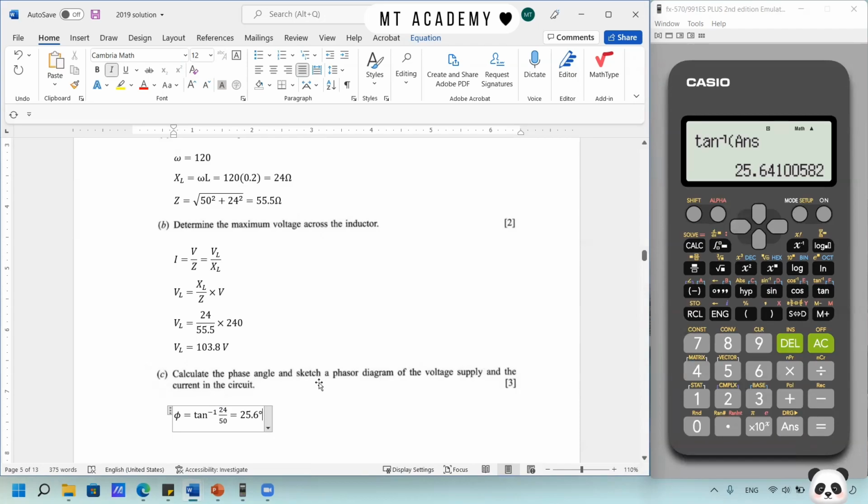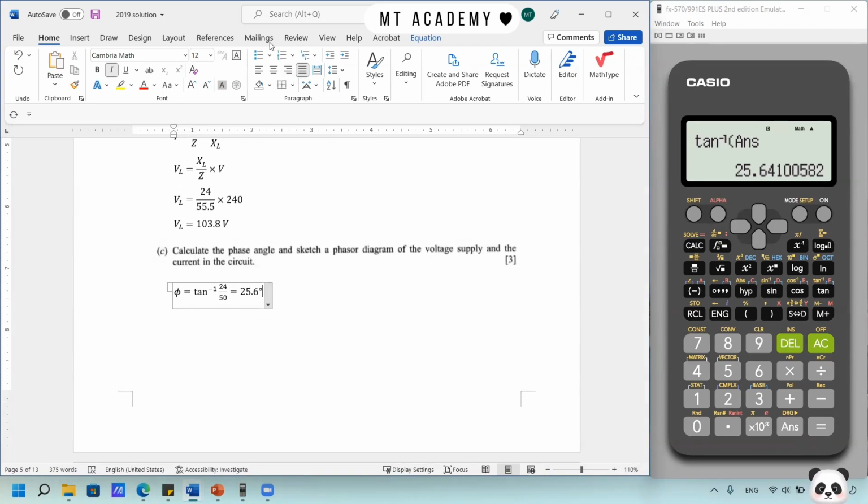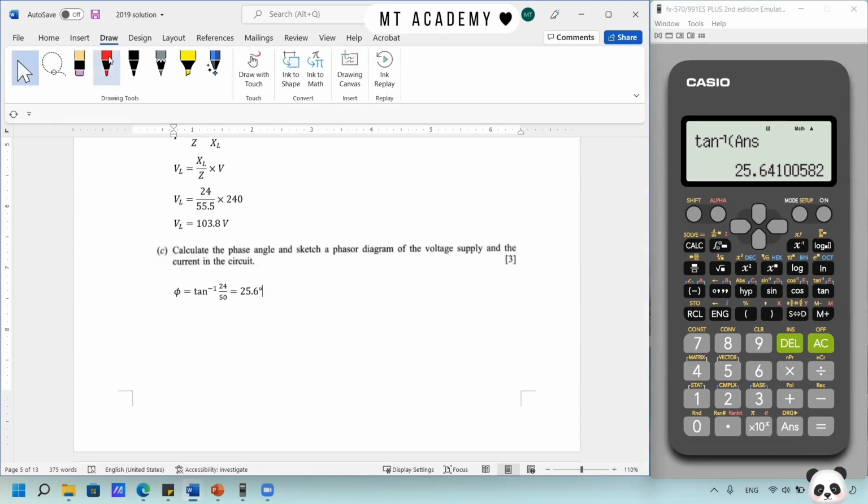We also need to sketch a phasor diagram of the voltage supply and the current in the circuit. I think if you remember, it will be good. We know that the voltage across the resistor is the reference point, and the current is in phase with the voltage across the resistance. This is just a more complete diagram.